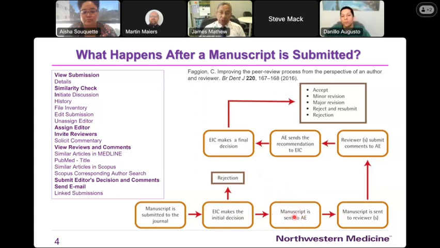But if the associate editor finds the manuscript to be suitable, the associate editor invites and sends the manuscript to the reviewers.